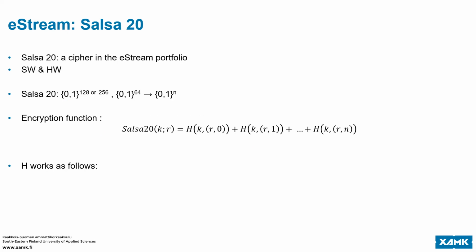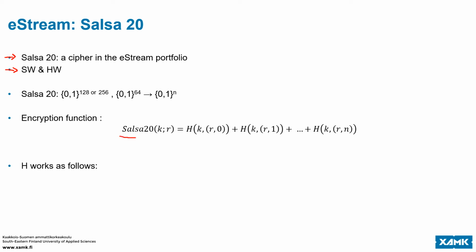An example of one cipher in the eStream portfolio could be the Salsa 20. Salsa 20 is an interesting cipher because it comes with both a software and a hardware implementation. That means that it's a relatively easy function to construct, and it can be built directly in hardware. Salsa 20 uses either a 256-bit key or a 128-bit key.